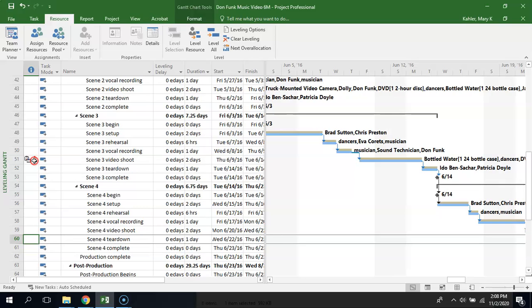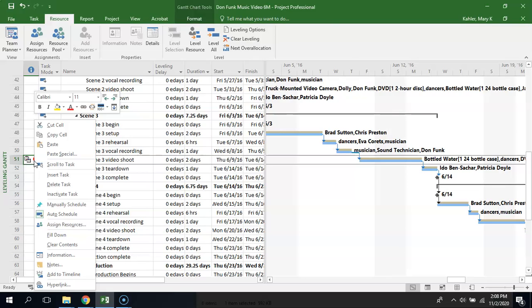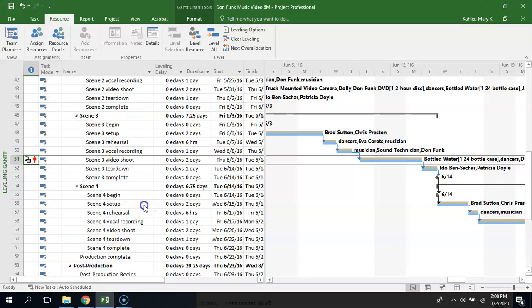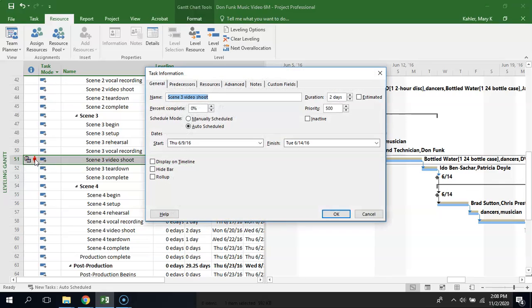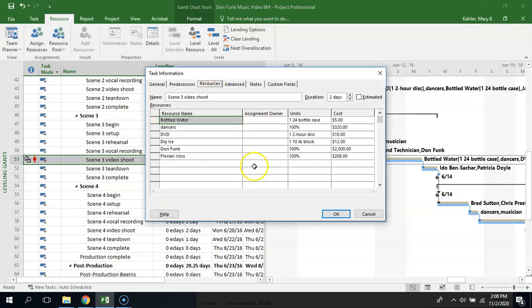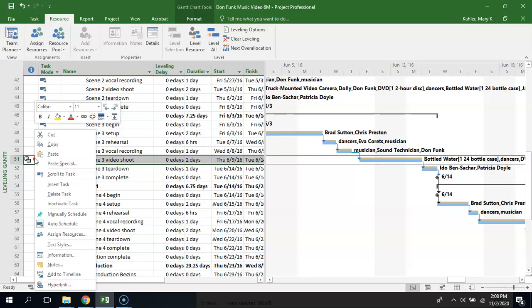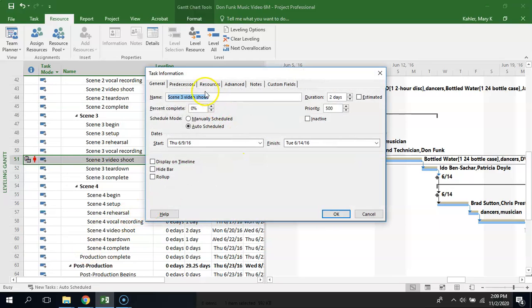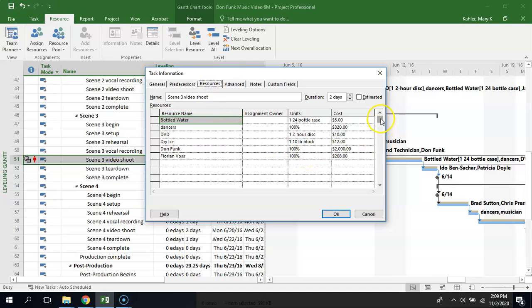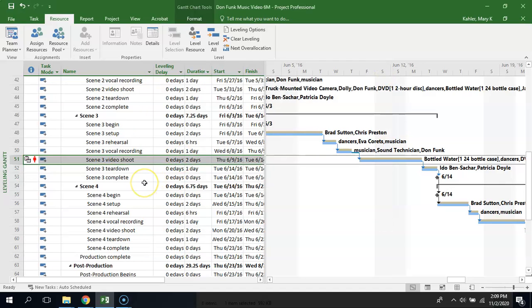And obviously on task 51, if we try to figure that out, I think it's that Don Funk is over allocated for that particular part of the video shoot. So you could try to figure that out by looking at what all the resources were for that and say, oh, okay, maybe we have to go back and do something different for that.